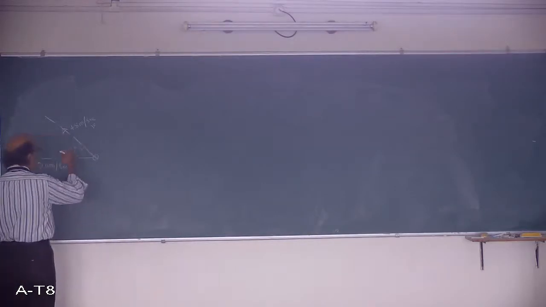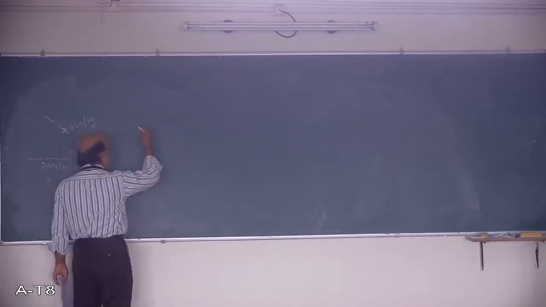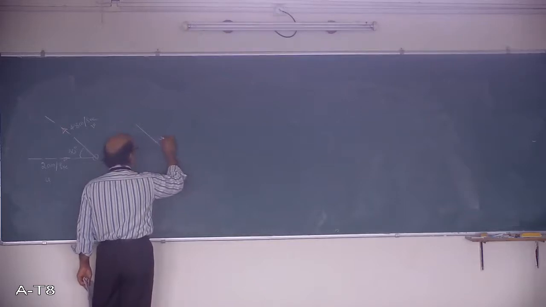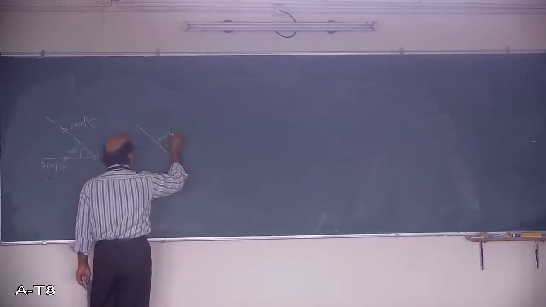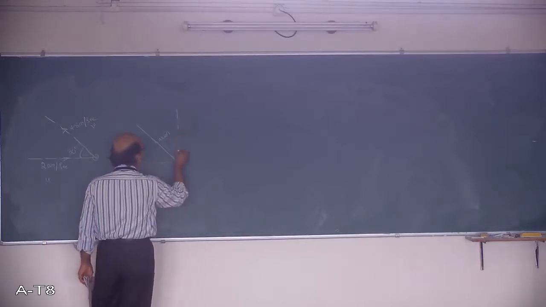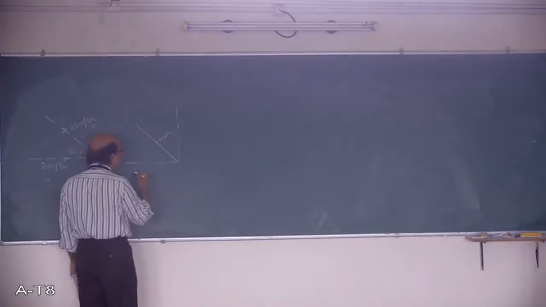So, there are two things. When the ball is moving in this inclined direction at 48 meters per second, this is a horizontal component, and this is a vertical component. When the batsman hits in this direction, I can have two components.